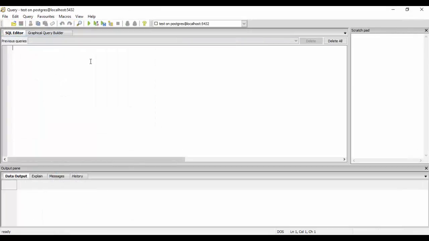You could see that: select name, age, address, department from company, and we would be making a left outer join, department, and the join condition, that is company dot id equal to department dot id.